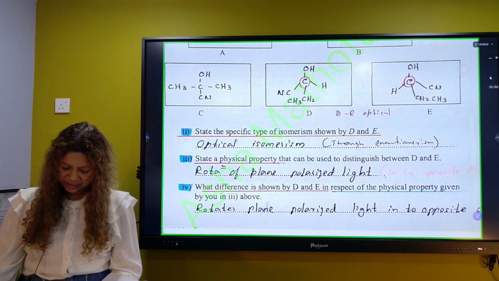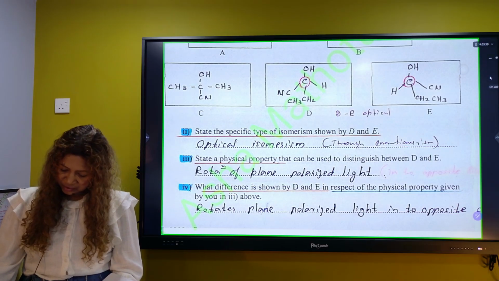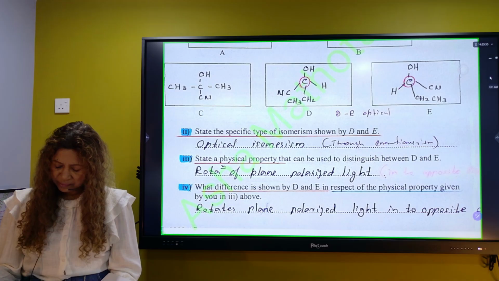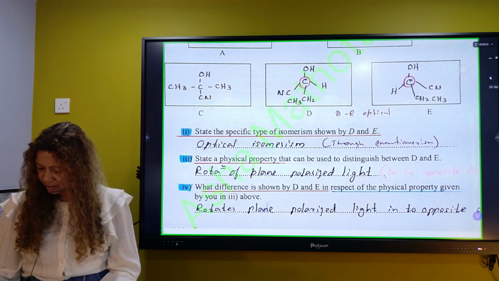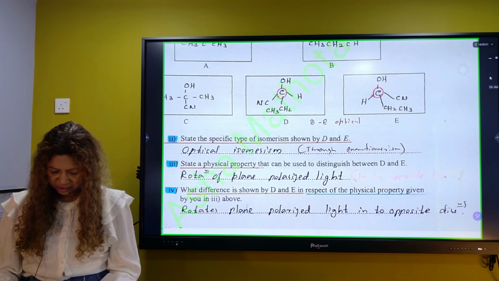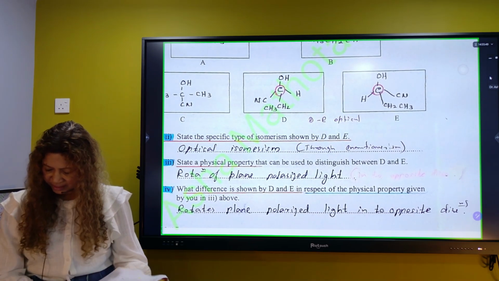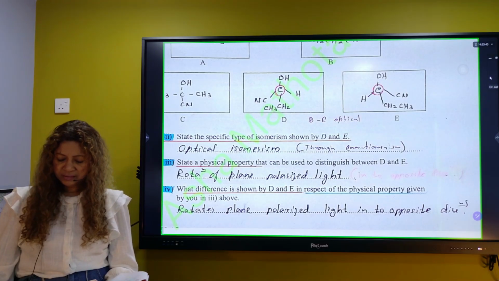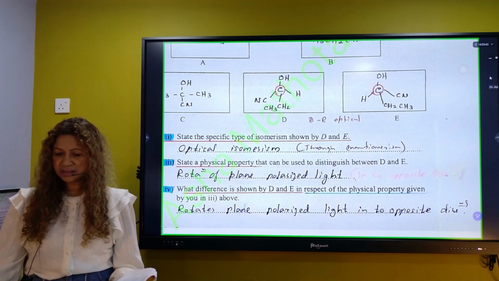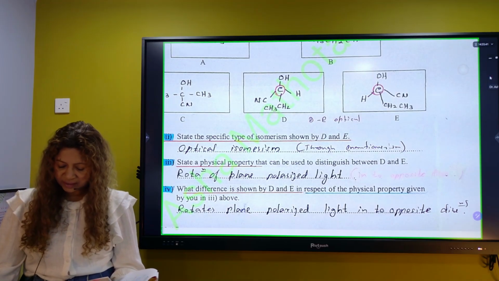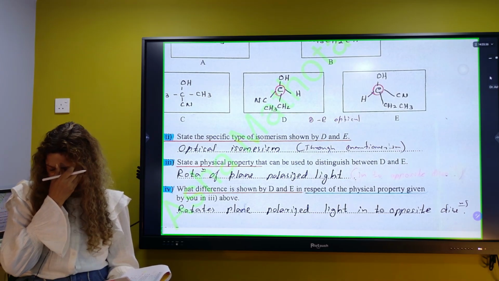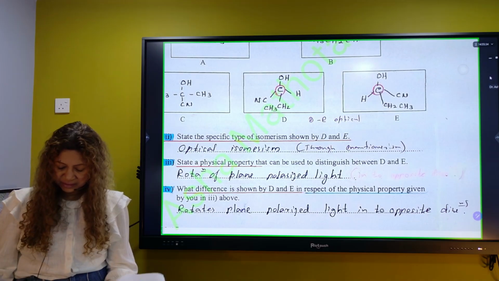What difference is shown by D and E with respect to that property? They rotate plane polarized light in two opposite directions. See how they are expecting the answers according to the marking scheme. Such questions get answered as memorized theory.